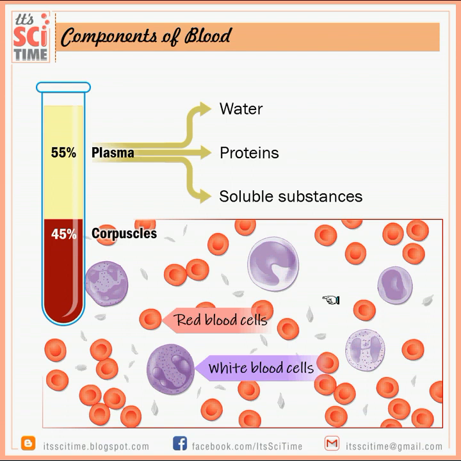Sometimes in sick condition, the number or percentage of white blood cells can increase. And the third type is the small fragments you can see. These are known as platelets. So these are the main three corpuscles or blood cell types found in our blood. Alright, let's talk about plasma, red blood cells, white blood cells and platelets in detail.